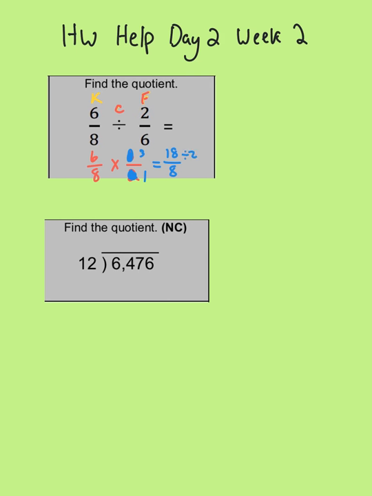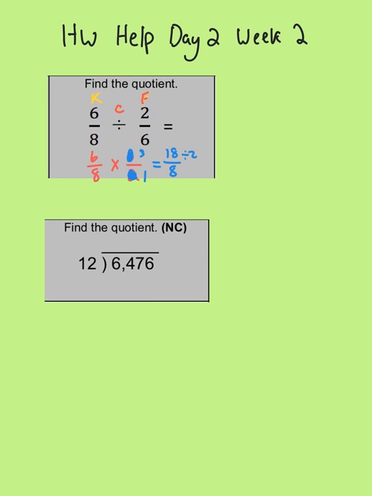So here's what I'm going to do. I'm going to try to figure out a number that 12 will go into 6,476. So I know, for example, 12 times 10 is 120. So 12 times 100 is 1,200.